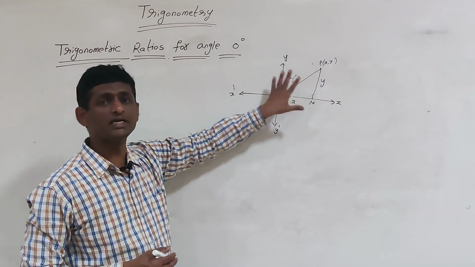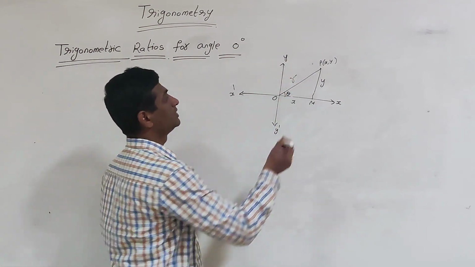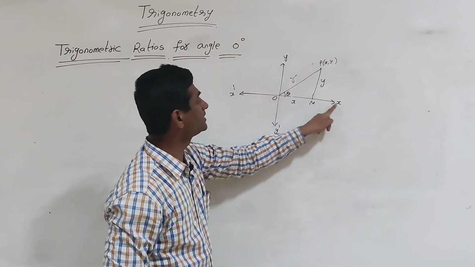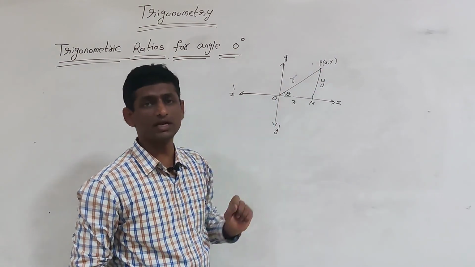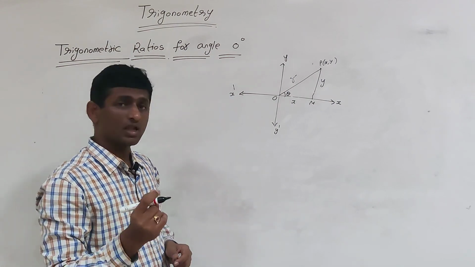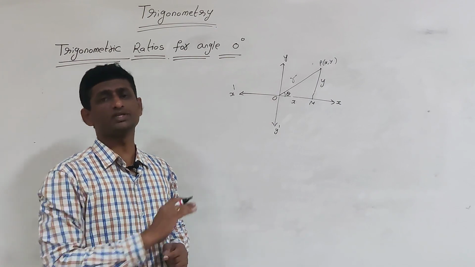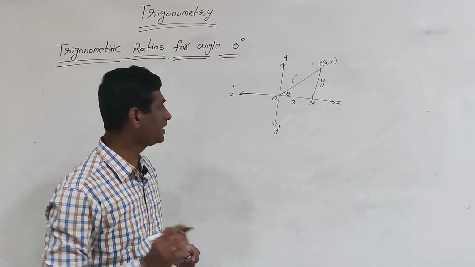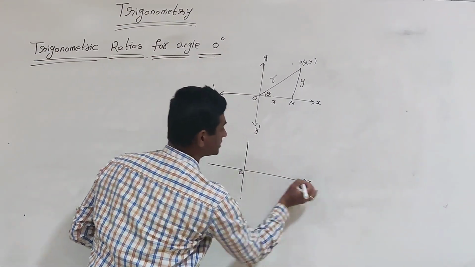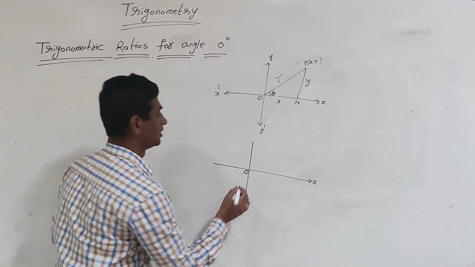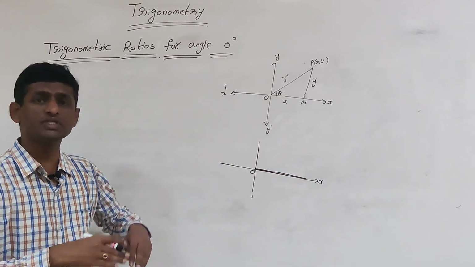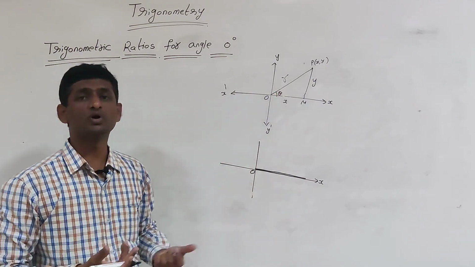Now this is our standard notation, and this is the point x comma y. If theta is moving in the anti-clockwise direction, then OX is our initial ray and OP is our terminal ray, which makes an angle theta. Now if there is no rotation, OX is our initial ray and the terminal ray is also on the same x-axis, so theta becomes 0.